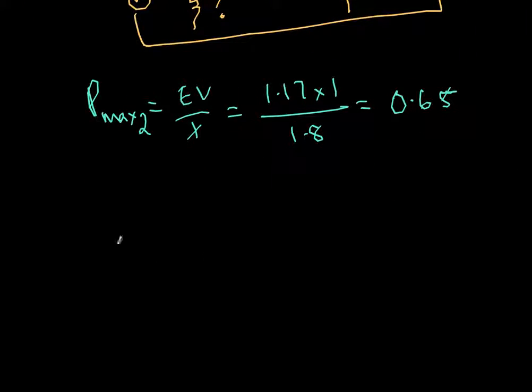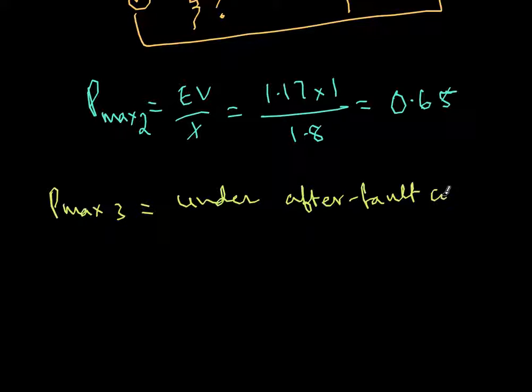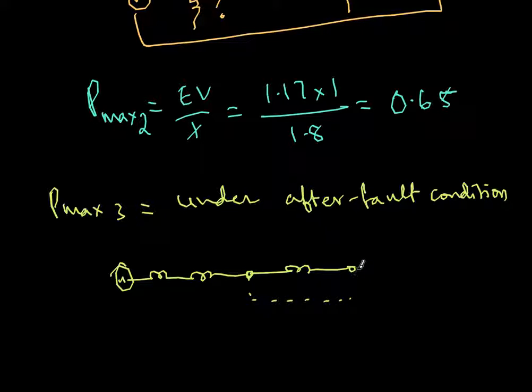Next we have to find out what is Pmax 3. Pmax 3 is under after fault conditions. So when the fault is removed, the system is something like this. This particular line is open circuited.